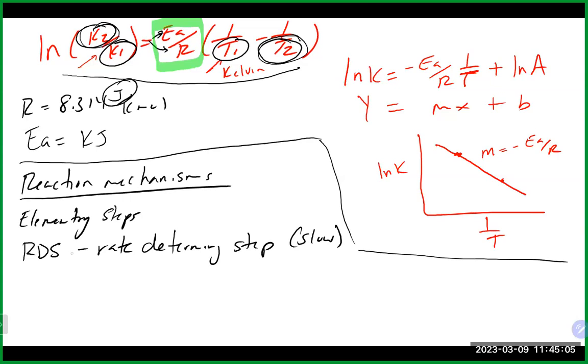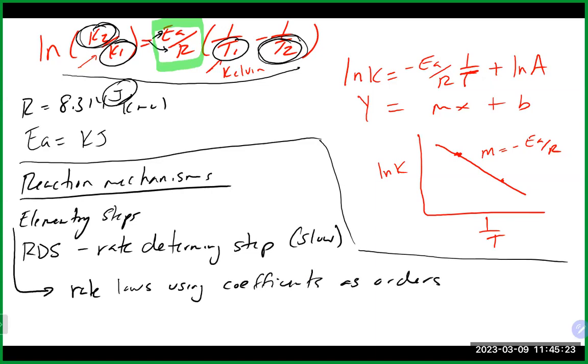So how we can determine these things when we deal with mechanisms: when we have elementary steps, we can write rate laws using the coefficients as the orders. Remember, that is the only place in kinetics where you can just take the coefficients and use them as the orders.